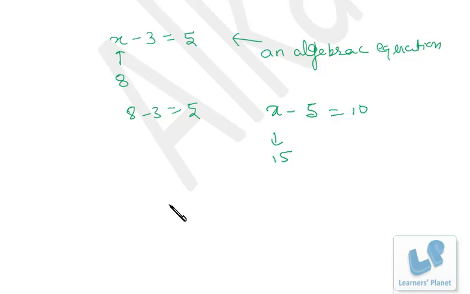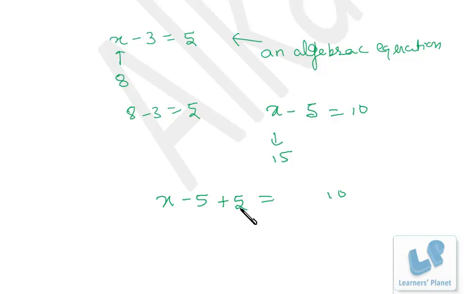Now how to solve an algebraic equation? Just listen to me carefully. See, suppose it is x minus 5 is equal to 10. Write it like this. Now here it is minus 5 and we have to find out the value of x. So we should have nothing on the left hand side of this equal to sign. That means this side should have only x, right? So if it is minus 5 over here, we add a 5, so both of them get cancelled.